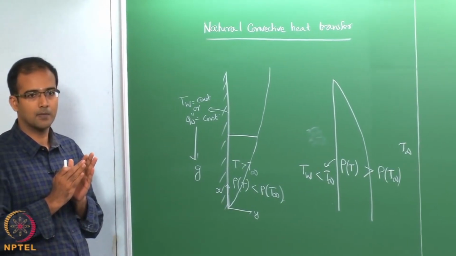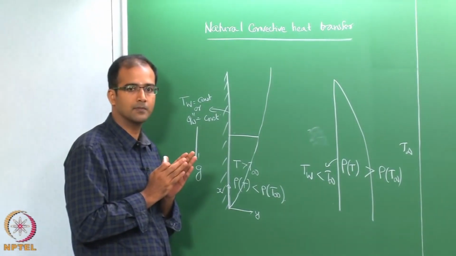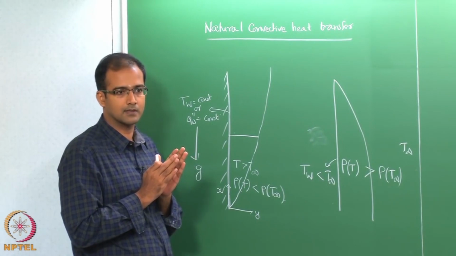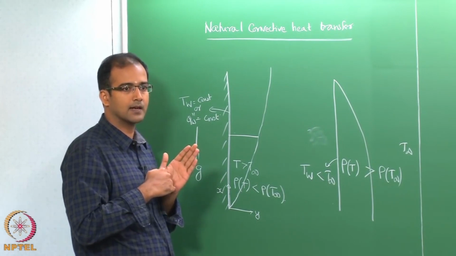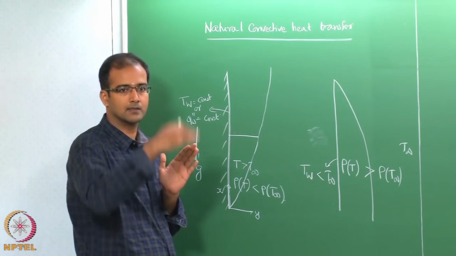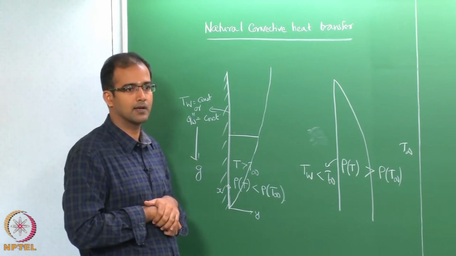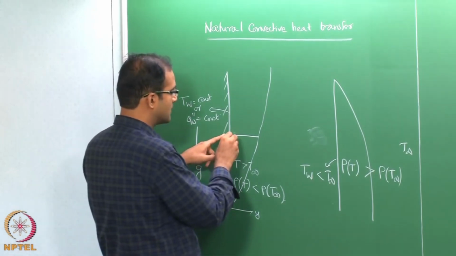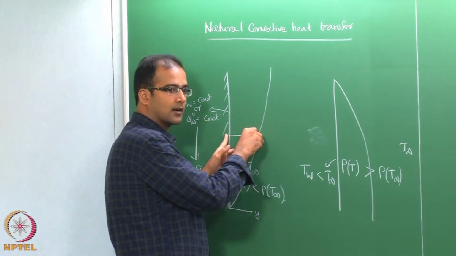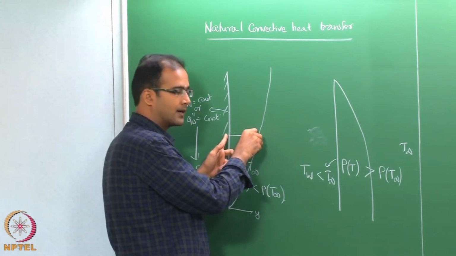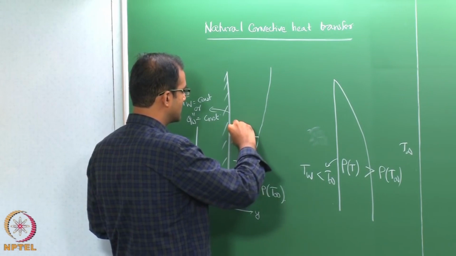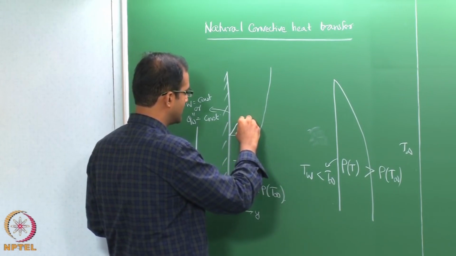Obviously, this is quite different from the external forced convection, where the velocity gradually increases from the plate and attains a maxima at the boundary layer edge. Here you have 0 velocities both at the solid wall and at the edge of the boundary layer, and therefore, it has to reach a maxima somewhere within the boundary layer.